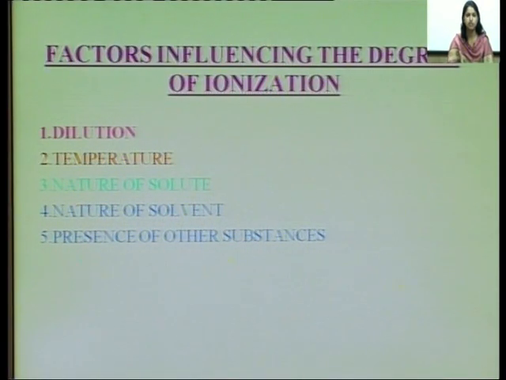So, I have explained all the 5 factors which influence the degree of ionization. What are those factors? Dilution, temperature, nature of solvent, presence of other substances and the nature of solute.